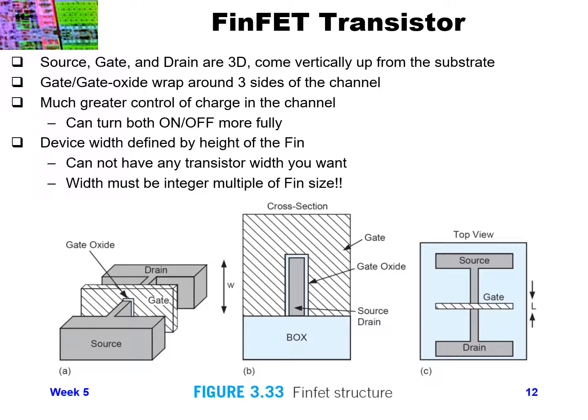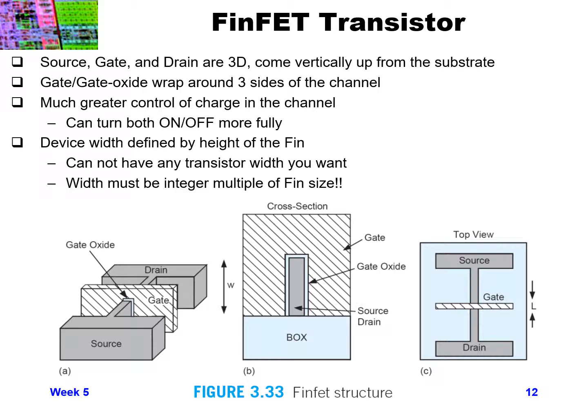The gate oxide wraps around the channel. So three sides of the channel, we have the gate oxide wrapped around both sides and the top of the channel. And then the gate wraps around the channel as well.